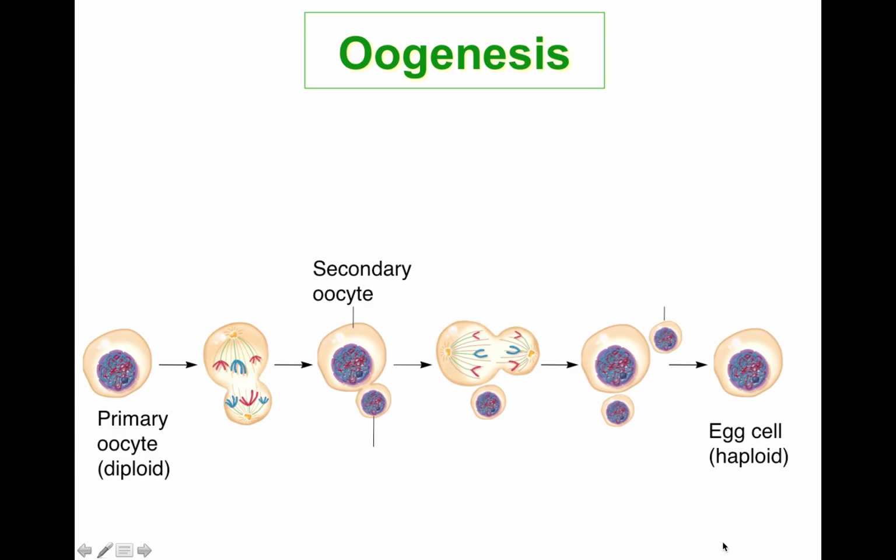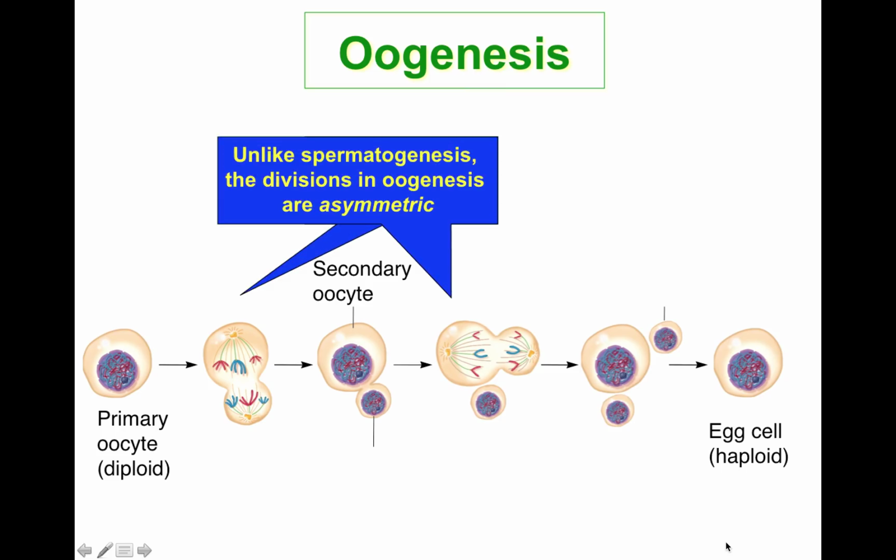Oogenesis is somewhat different. Unlike spermatogenesis, the divisions in oogenesis are asymmetric. In other words, when you have the nuclear division, one of the nuclei ends up with just a tiny bit, sometimes barely detectable, amount of cytoplasm around it. This is called the first polar body.